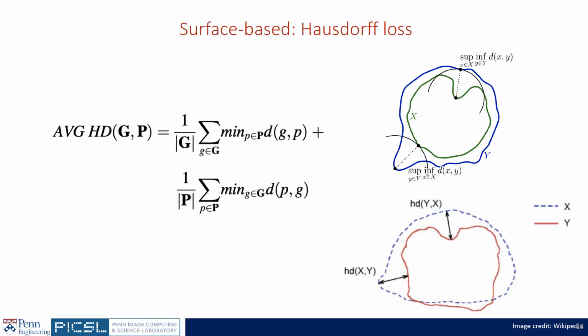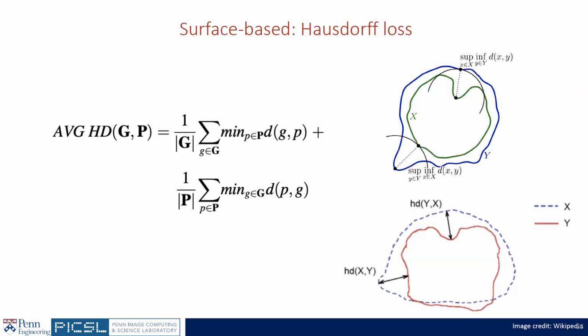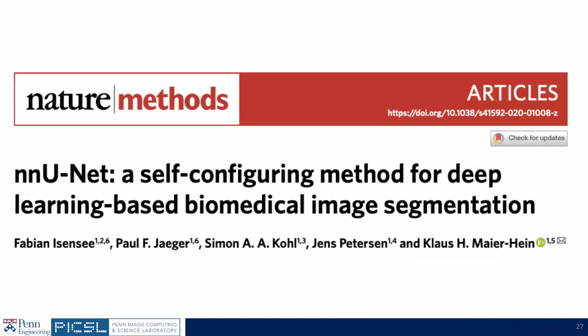Let's not get into the math of this. But if you have a 3D structure, you can compute voxel-wise distance between these two structures, and obviously we want lower distance between the two structures. Cool. Just a segue.